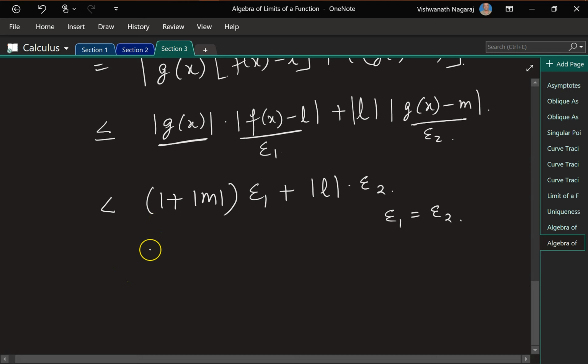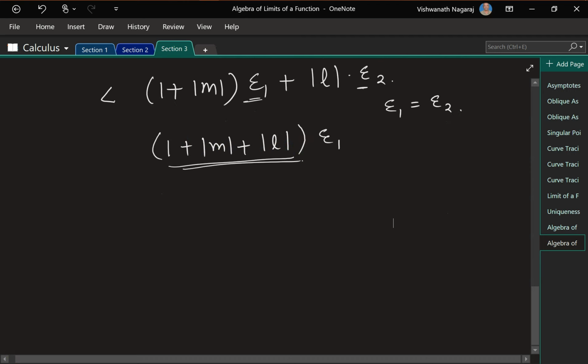In that case, we can write this as 1, because this and this would become common. We can write it as 1 plus magnitude of m plus magnitude of L, times epsilon 1.